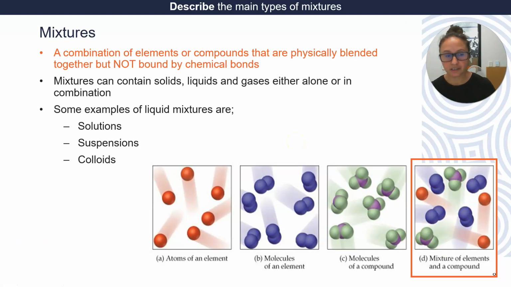So you need to make sure you understand the difference between whether atoms are joined together by chemical bonds like this, versus a mixture where we just add everything together, but this one and this one are not joined by chemical bonds, are they? They're just hanging around in the same space. So that is what a mixture is, okay? Not joined by chemical bonds, just hanging around in the same space.